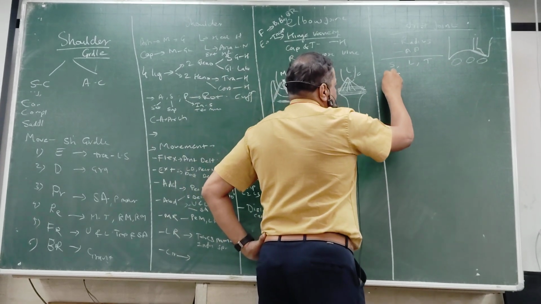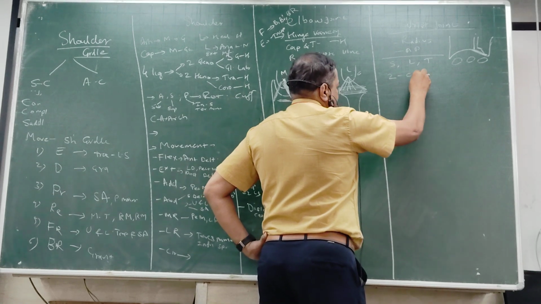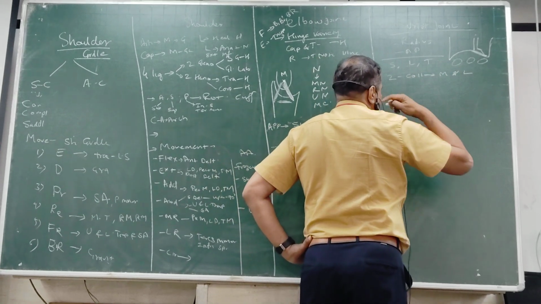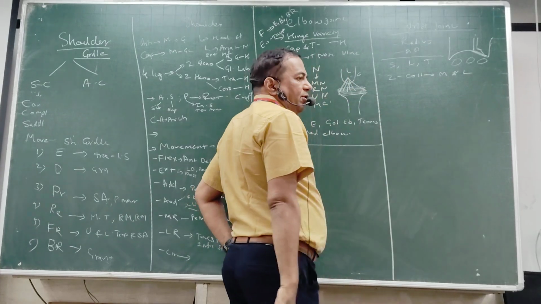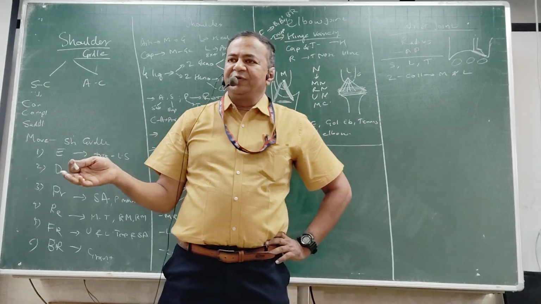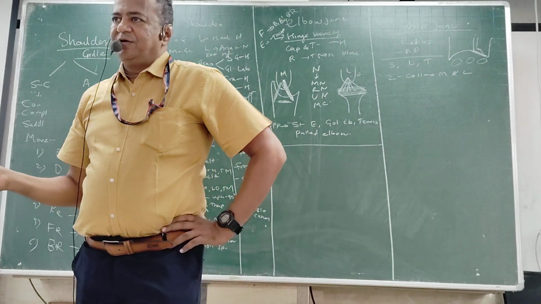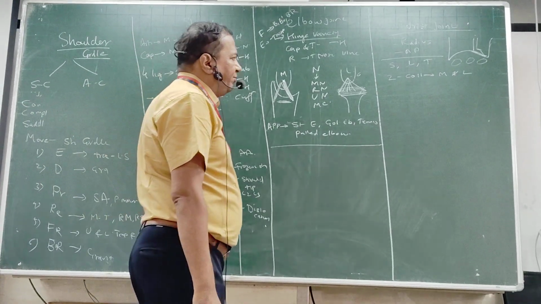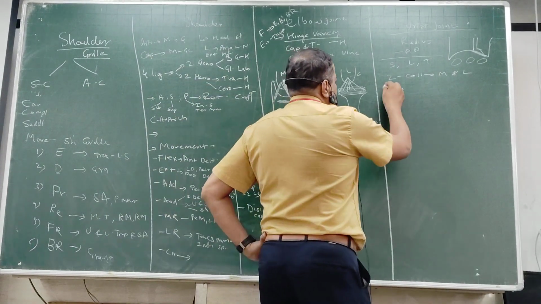Again here there are two collateral ligaments on the medial side and lateral side: radial collateral and ulnar collateral, both starting from the styloid process of the radius and styloid process of the ulna. One going to scaphoid, one going to triquetral.